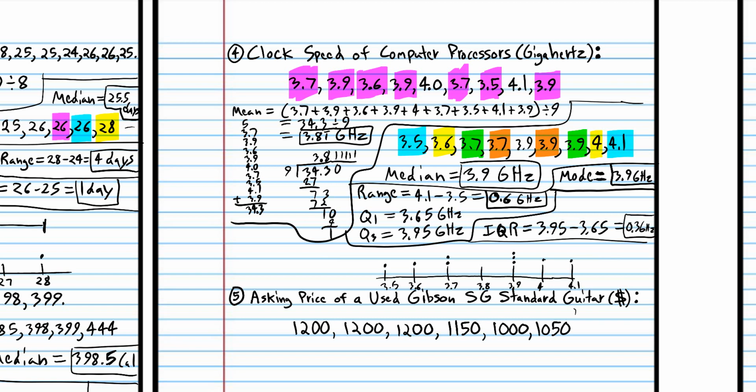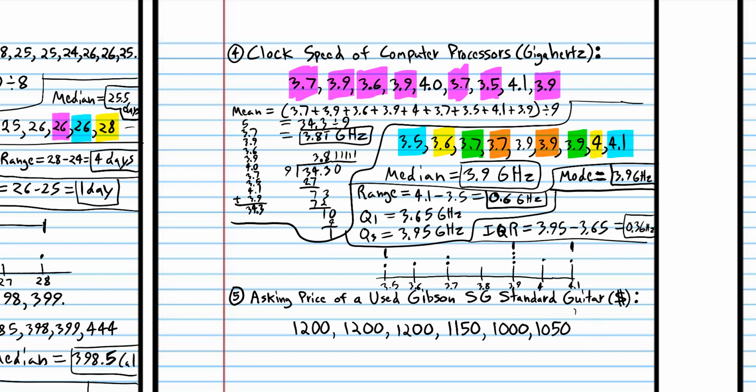All right, now we're going to make our box and whisker plot, so go ahead and try that. And when you come back, we'll do it together. All right, we're back. So, vertical lines on the biggest value and smallest value. Vertical line on the median. 3.9 is the median.